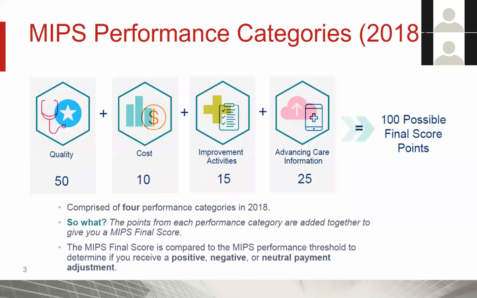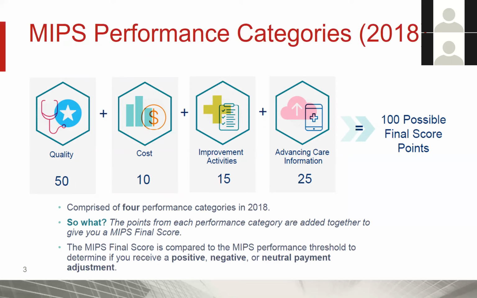So to set the background, and just as a reminder and refresher for those of you who are familiar with the MIPS program, and for those of you who are not, this slide details how the MIPS performance categories are broken out by CMS. As you can see, there are 4 performance categories for MIPS reporting year 2018. You are eligible to earn 100 possible MIPS final score points in the MIPS program, and each category is assigned a specific weight.